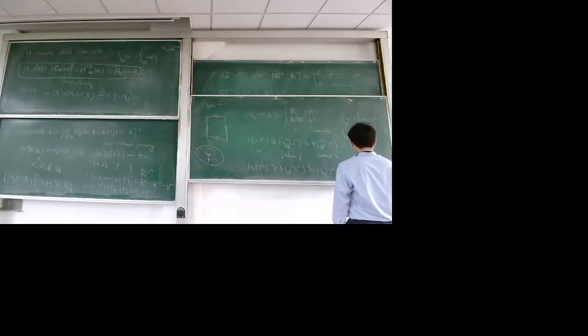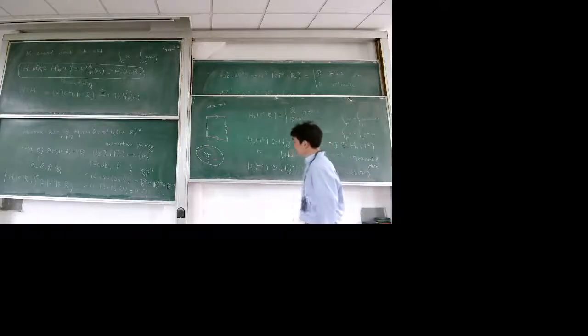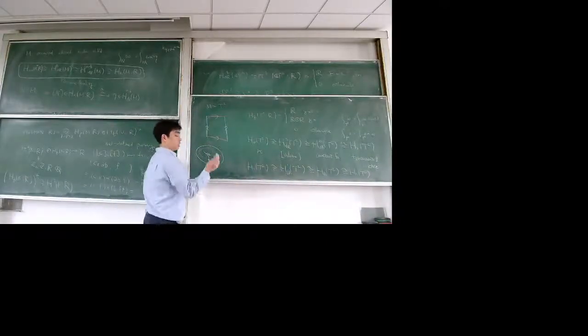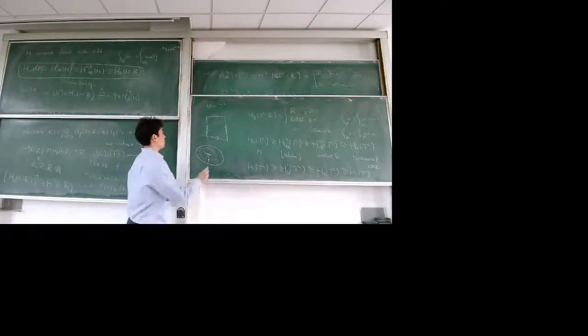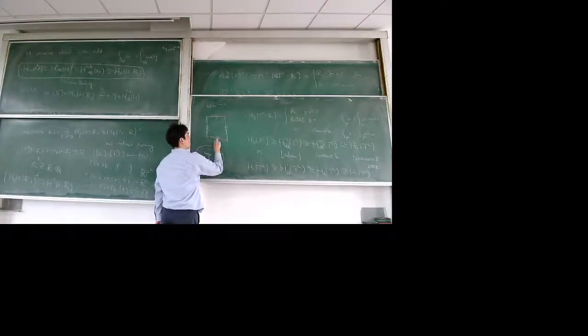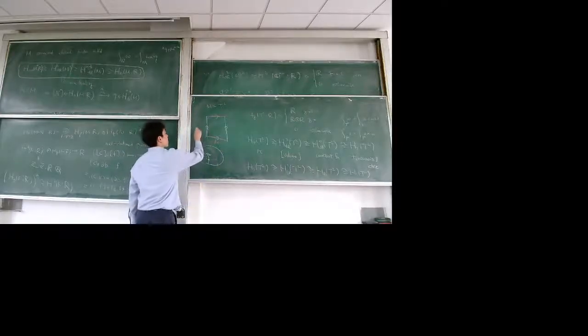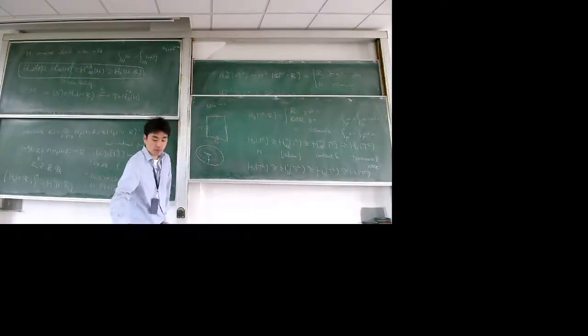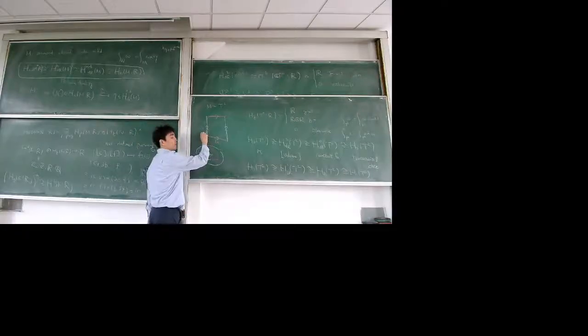Let's call one element dx and the other dy. dx is the volume form of this S1, and dy is the volume form of the blue S1.